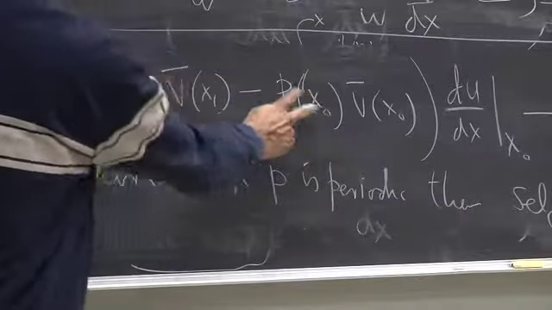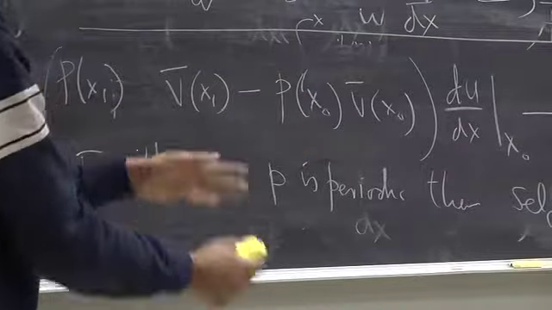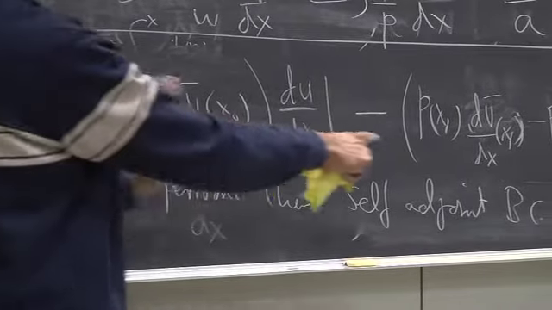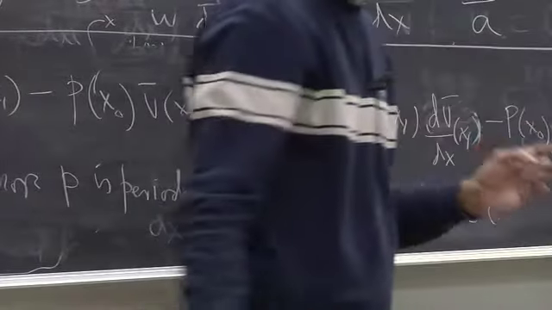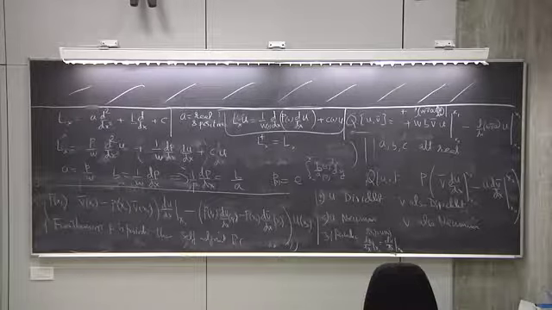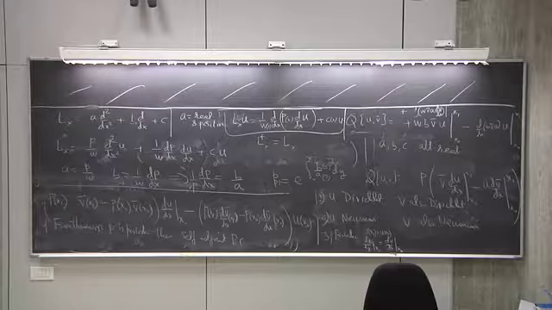Because if p is periodic, p of x1 equal to p of x0, you can take it out, and then you just get v bar at x1 equal to v bar at x0, and dv bar by dx at x1 equal to dv bar by dx at x0.